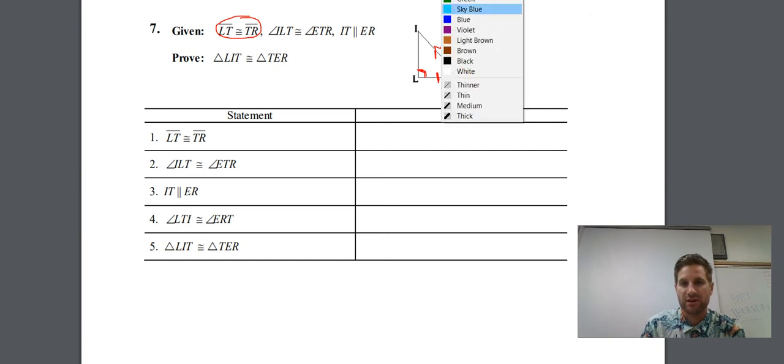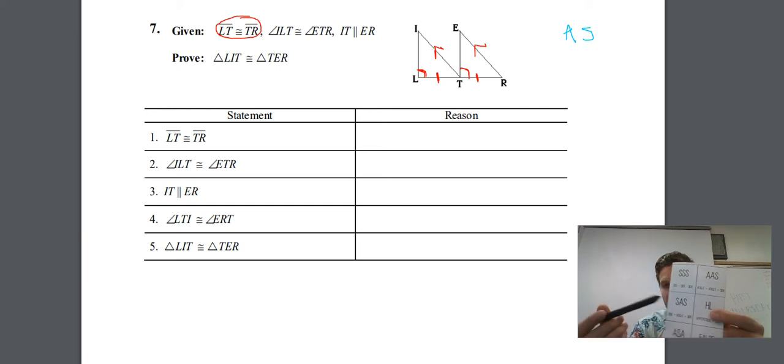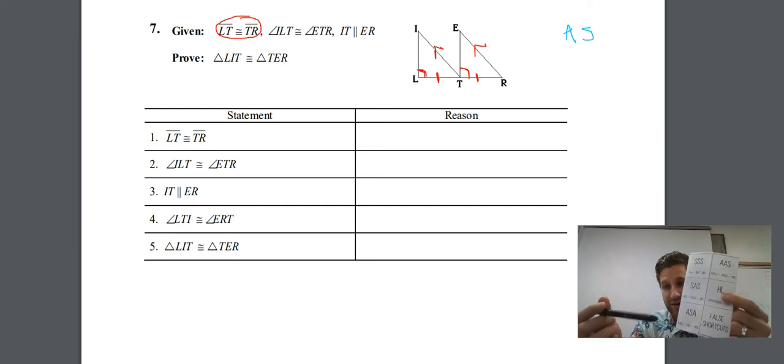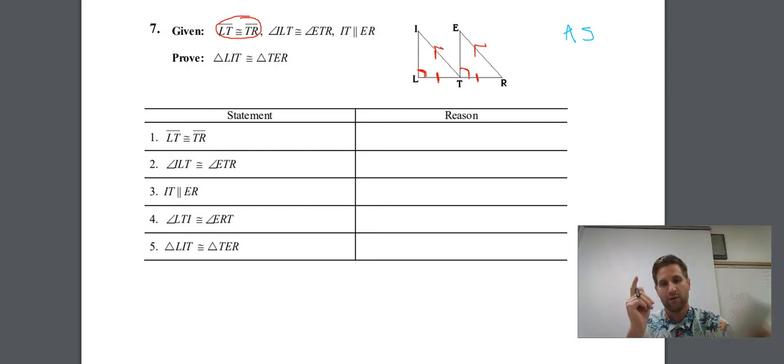From this information, is there anything I can pull out of it? Well, I have a side and I have an angle. So according to my list of things, I'm probably either going to use angle, angle, side, side, angle, side, or angle, side, angle. So I need to either show another side or I need to show another angle.